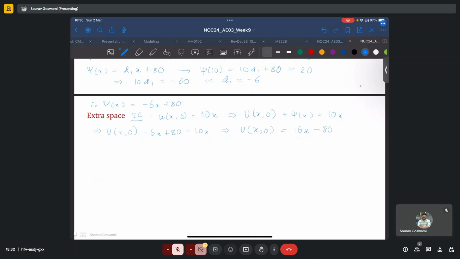And this might look familiar. This can be taken as the initial condition for U, that is capital U at x comma 0 is given as 16x minus 80.